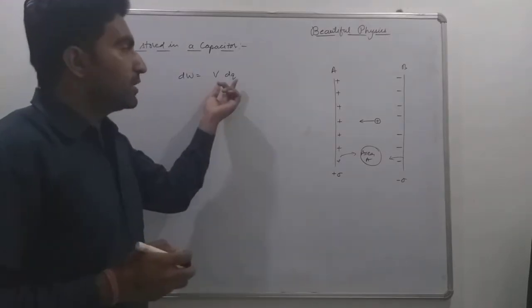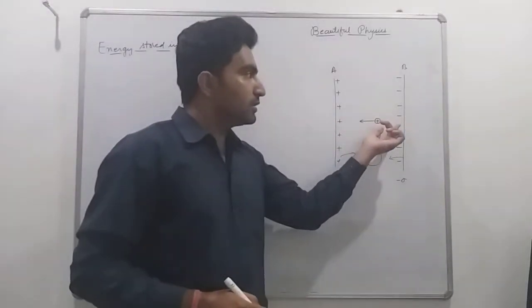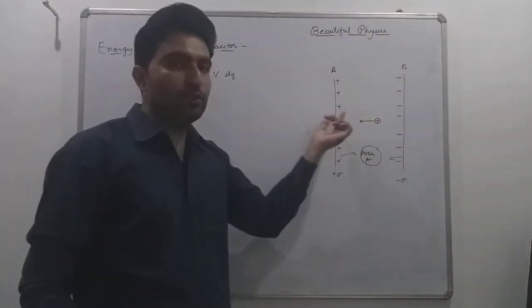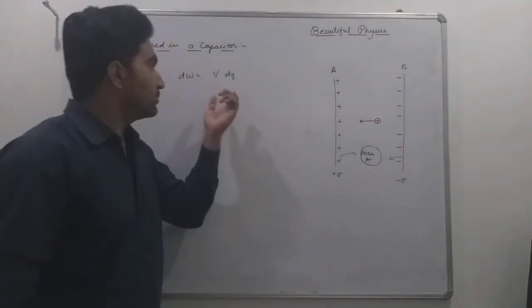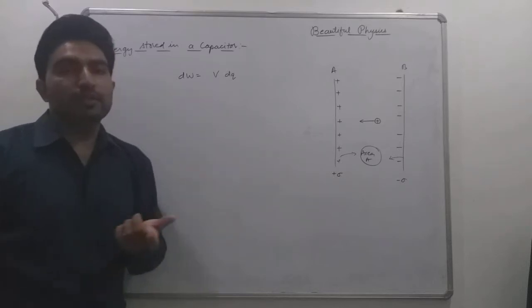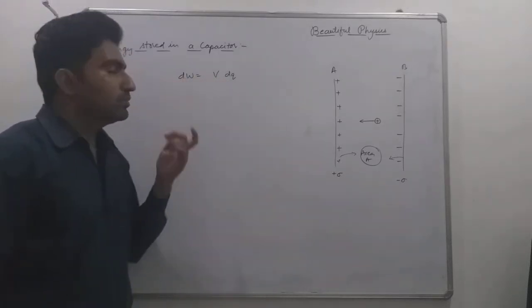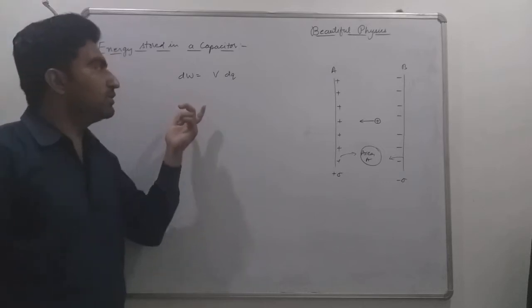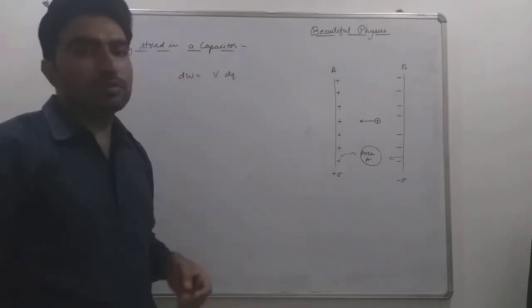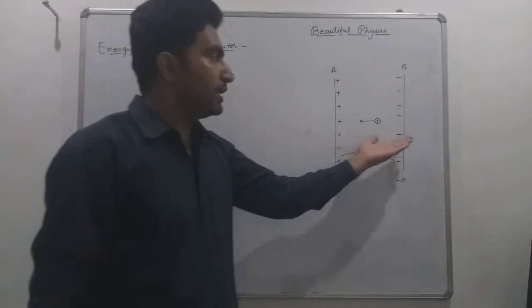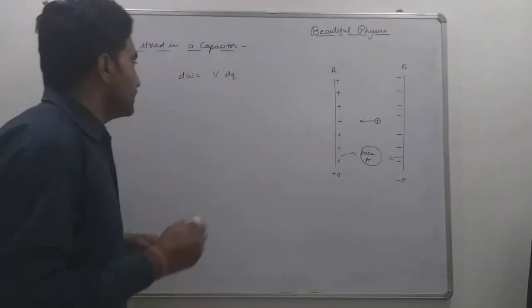Here dQ represents the small amount of charge transferred from plate B to A, due to which some potential is changed.